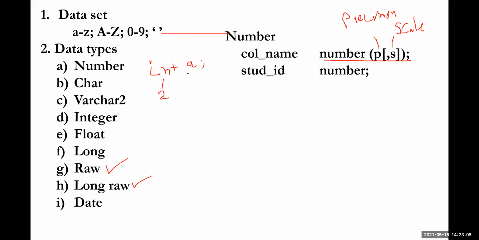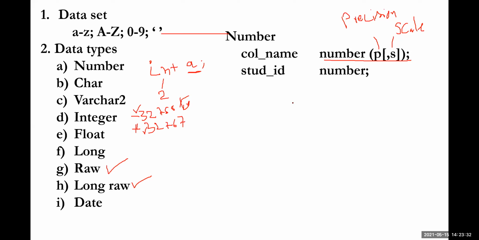Therefore, the range of A will be minus 32,768 to positive 32,767. This is the minimum range and this is the maximum range.